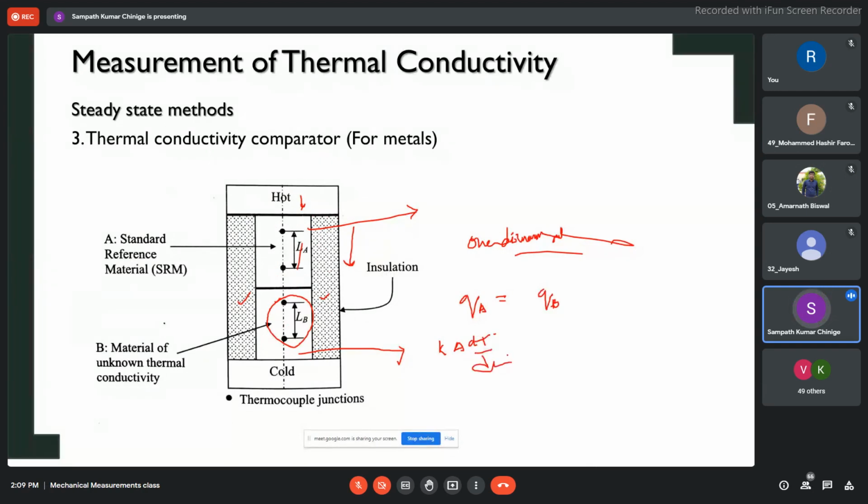Similarly, QB is KB into A into dT by dL, where I can find the temperature difference. Here KA is known and you need to find KB. The areas are the same, and dT is whatever temperature differences we get. Based on that, we will be able to find K. So this is one more method we use for finding the thermal conductivity of high thermal conductivity materials.